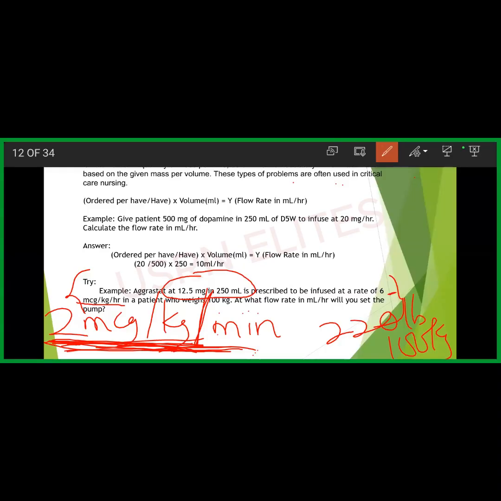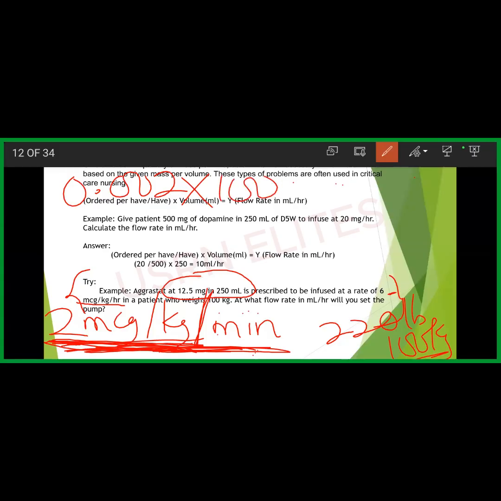So to convert this whole thing, if you want to know the actual dosage, you convert 2 micrograms to milligrams, and that would be 0.002. We did similar ones yesterday. Then times the weight, which is 100 kilograms. So times 100.